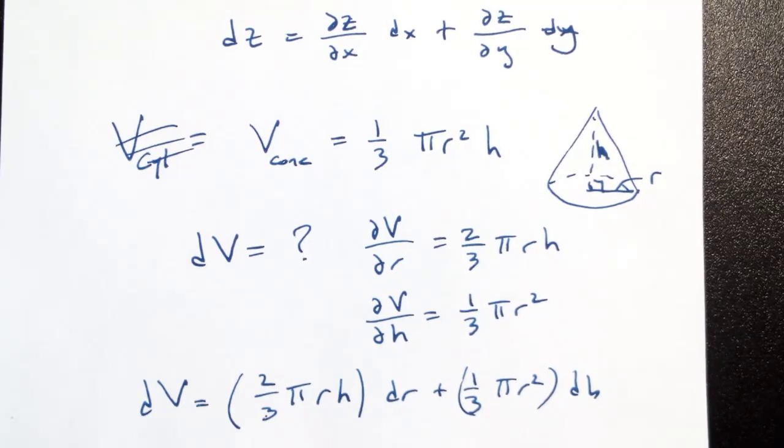You want error measurements. You measure the radius, you measure the height of a cone, but your instrument only goes to millimeters. So you could be off by 0.5 millimeter in either direction. What's your computed error, your propagated error on the volume?